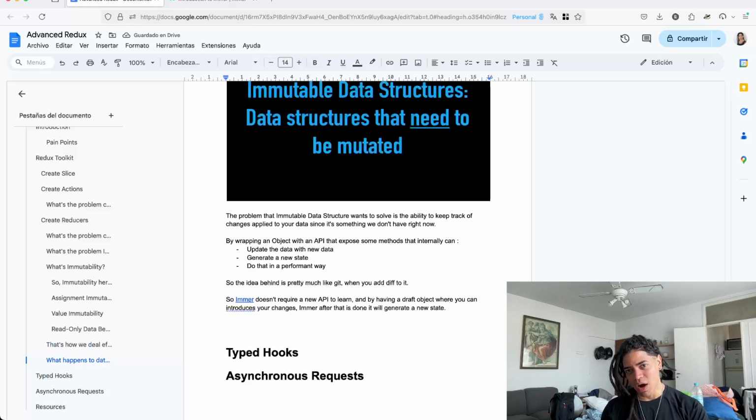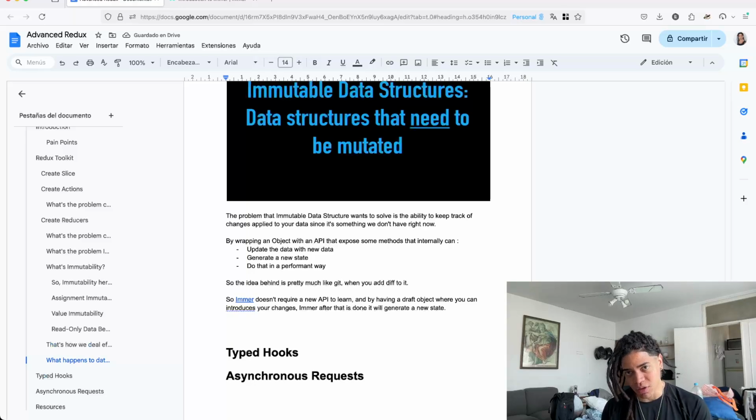Interesting. And why Immer, instead of creating a new wrapper or new API for that? It creates a proxy and detects those changes.